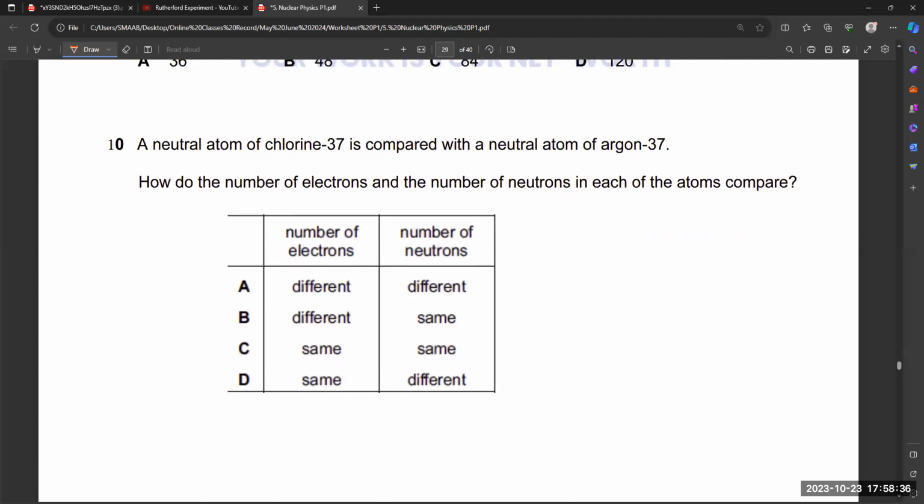And a neutral atom of chlorine 37 is compared with a neutral atom of argon 37. How do the number of electrons and number of neutrons in each of the atoms compare? A. Okay. So they are asking about the number of electrons and number of neutrons.